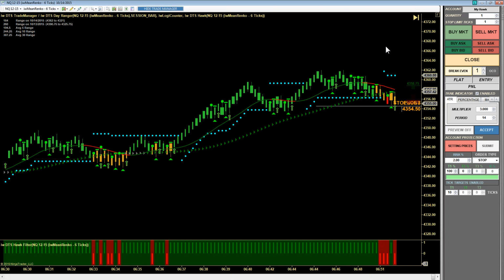Let's say I'm going to put my stop way up here. Oops, went a little bit too far. Let's go up here. Oh, look, my risk stays the same. So my risk stays at $275, $280, about $300. But my quantity has changed. Right now I'm only trading a single contract.